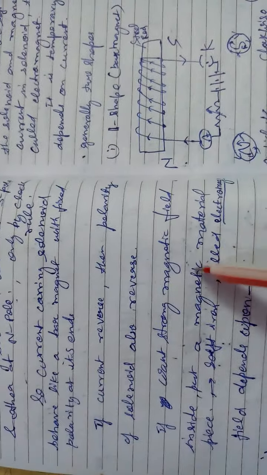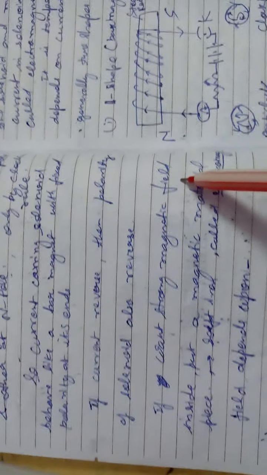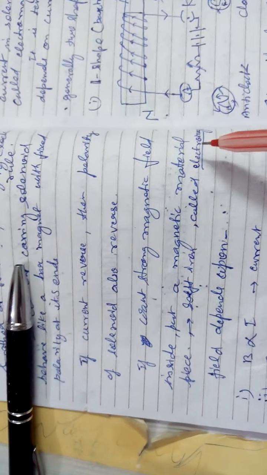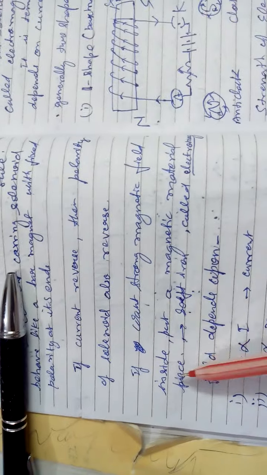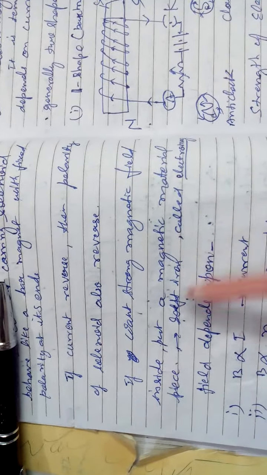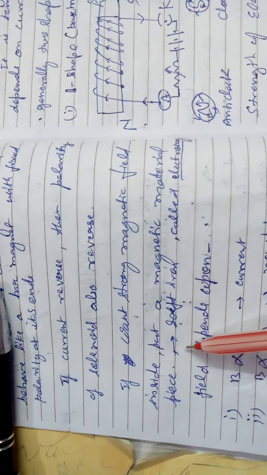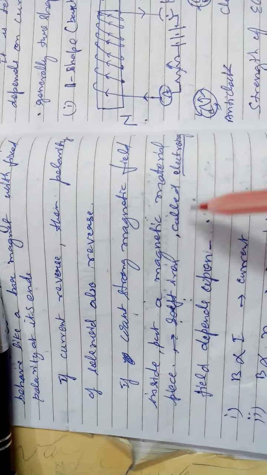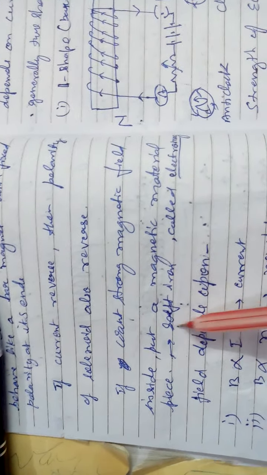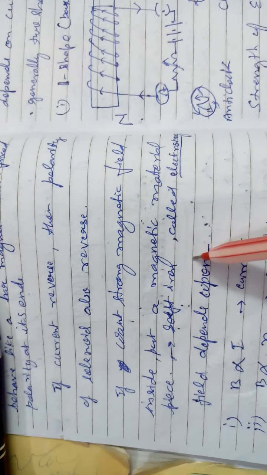If you want a strong magnetic field, what will you do? We do a very important thing: put a soft iron inside. Put a magnetic material like a metal piece of soft iron, which becomes magnetized, and it is called an electromagnet.